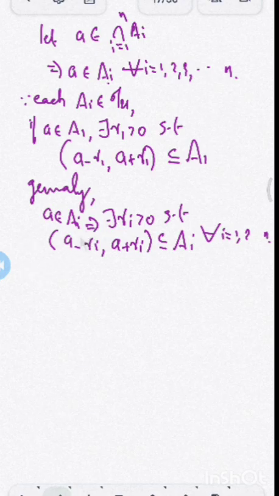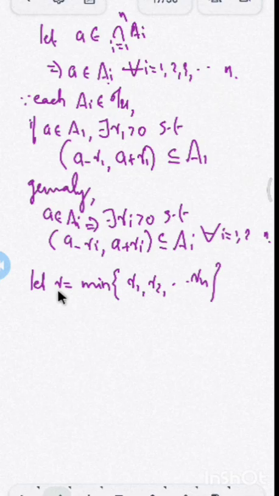Okay, now we have R1, R2, R3, etc., Rn, n positive real numbers. Using these positive real numbers, I choose a real number R. Let R equal the minimum of R1, R2, etc., Rn. Okay, then what can you say about this real number R? R is again positive because all these Ri's are positive.